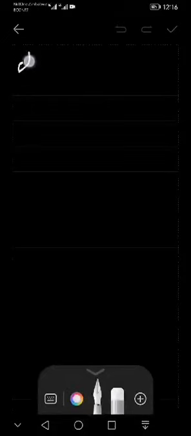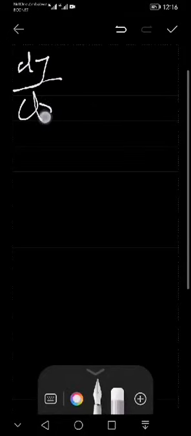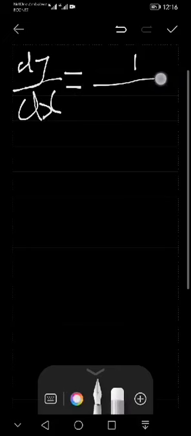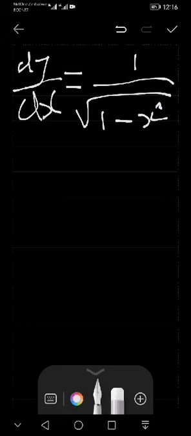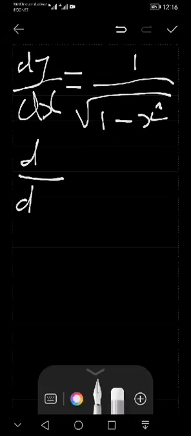Okay, so now I have my dy dx. So now I have my dy dx equals 1 over the square root of 1 minus x squared. That's my dy dx. So from today onwards you should know that if you differentiate arcsine of x, you get 1 over the square root of 1 minus x squared.